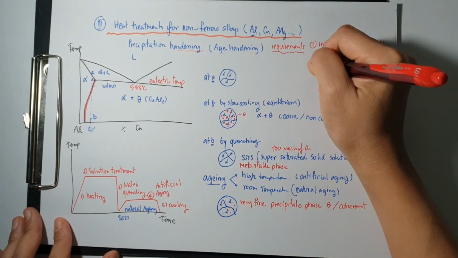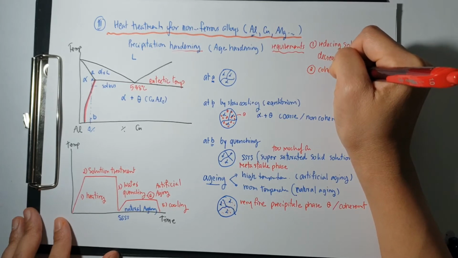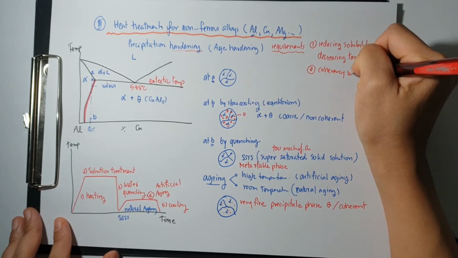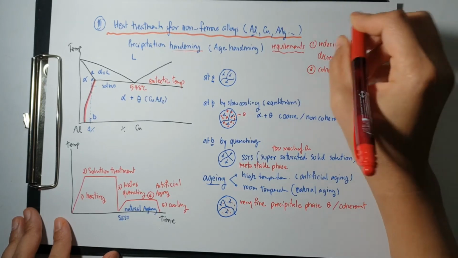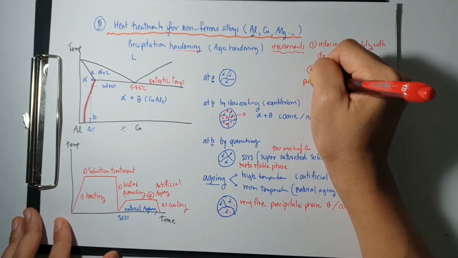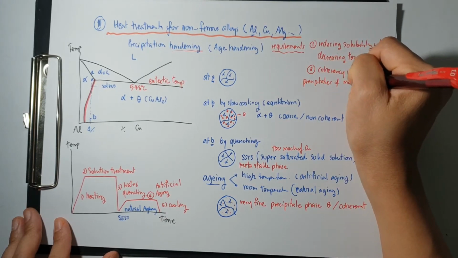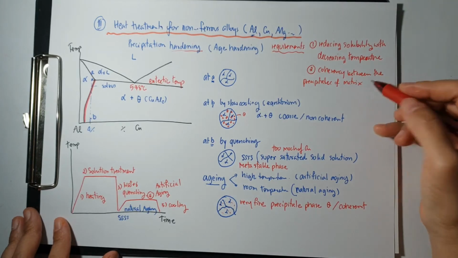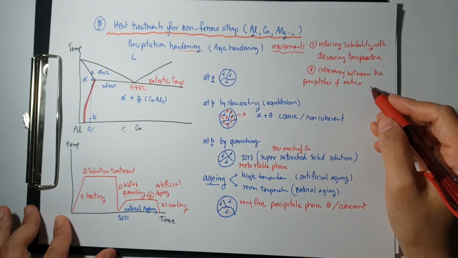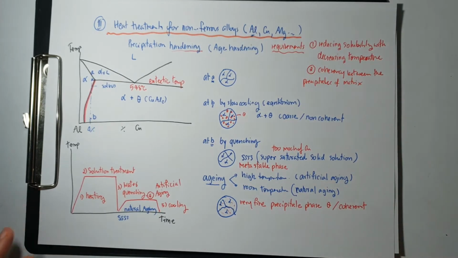And the second thing is that you have to have coherency between the precipitate and the matrix. Otherwise, it can't contribute. The precipitate will not contribute to increasing hardness or strength.